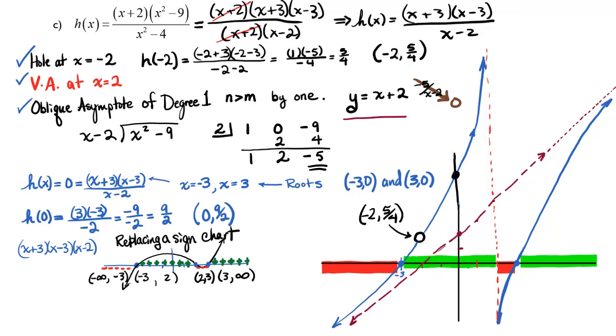And we found that already to be at (0, 9/2). So that is this point right here. It's where the curve between -3 and 2 crosses the y-axis at (0, 9/2). And that's pretty much it.